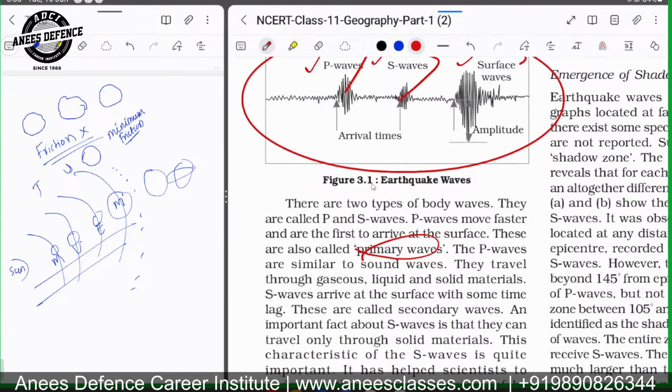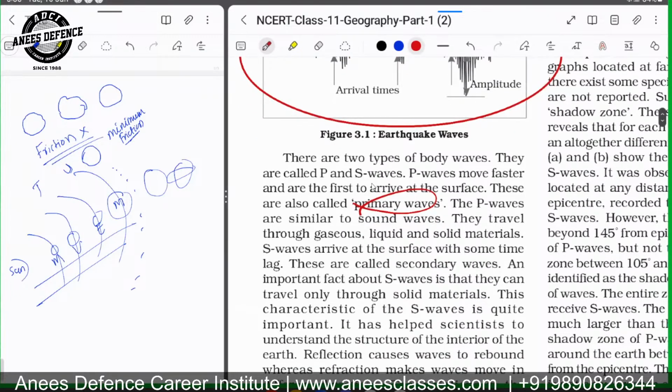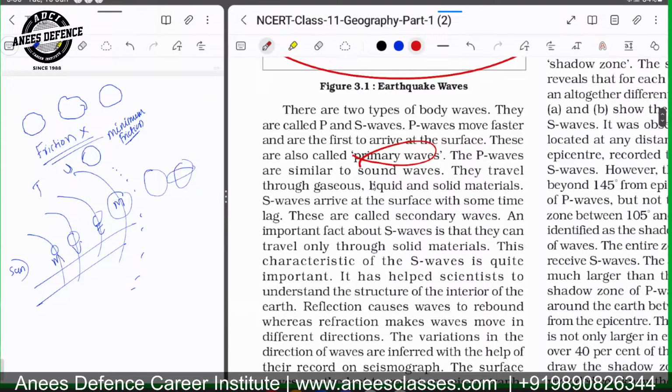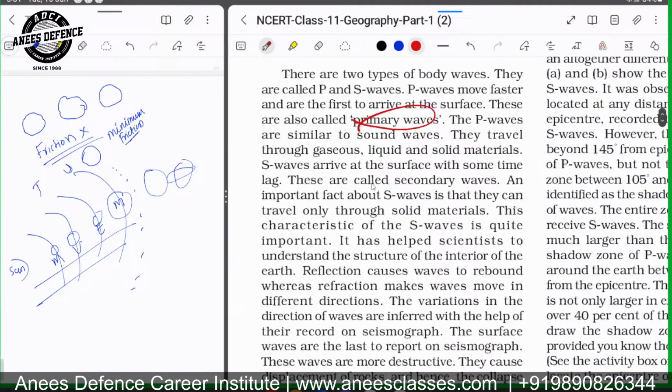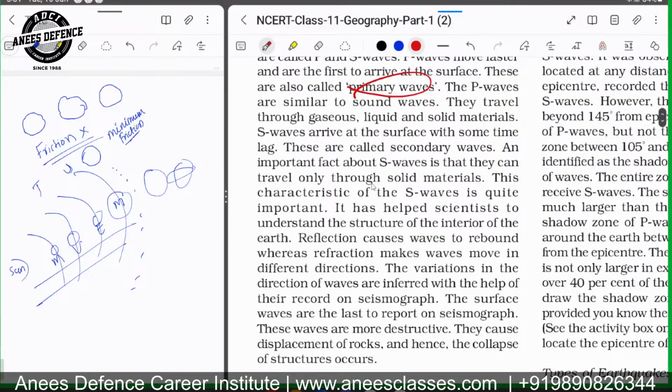S waves are called secondary waves, and S waves can only pass through solid. S stands for secondary, S stands for solid, and secondary waves only pass through solid. You can remember that.